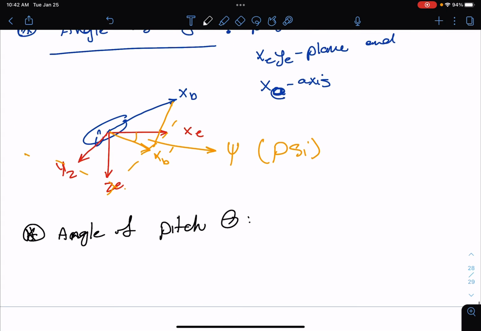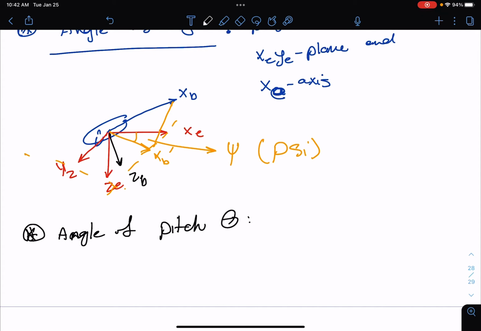How do you think we define the angle of pitch? Yes. Is it the projection of ZB onto ZE?